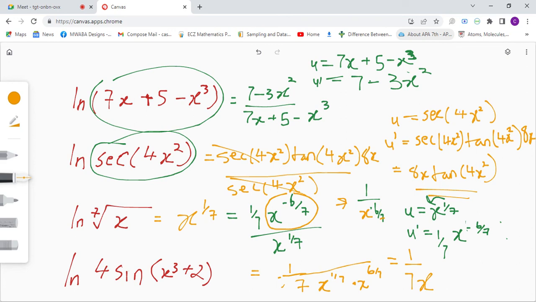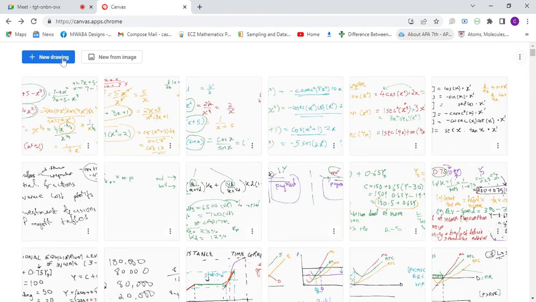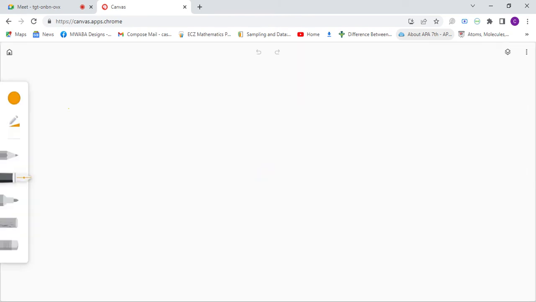And then finally we have our last one here. Maybe just let me make space for it. All right, so with the natural log of 4 sine x cubed plus 2.